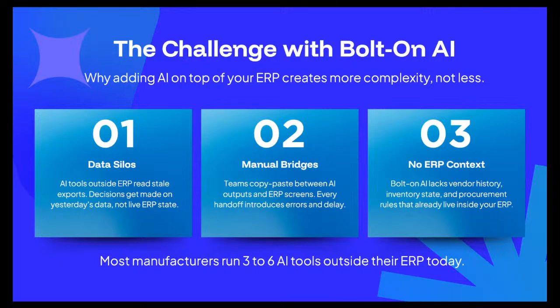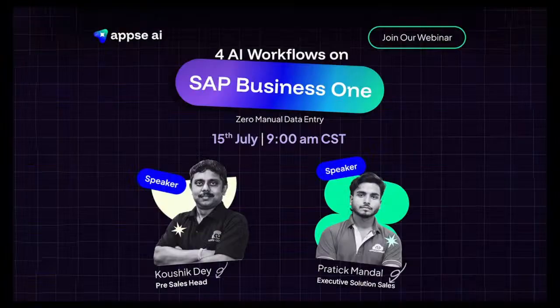This is where time, effort and error probabilities are high. There is also no ERP context. Vendor history is very sensitive data, and for procurement, rule and condition mapping is essentially required when your procurement team is placing an order for a particular requirement.